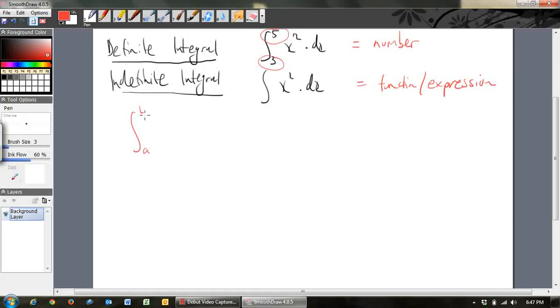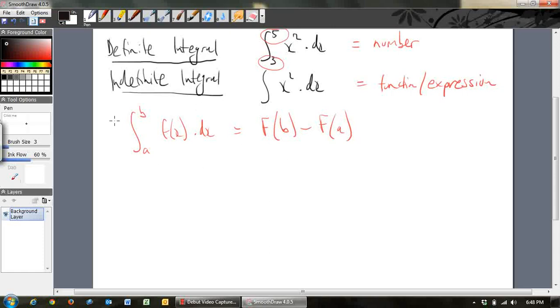When you're evaluating a definite integral between a and b of some f of x dx, it is equal to, when you integrate that, capital F of b minus capital F of a. In other words, you perform the integration as per normal, but then you substitute the point b into the expression and subtract, substitute the point a into there, and you get F(b) minus F(a).